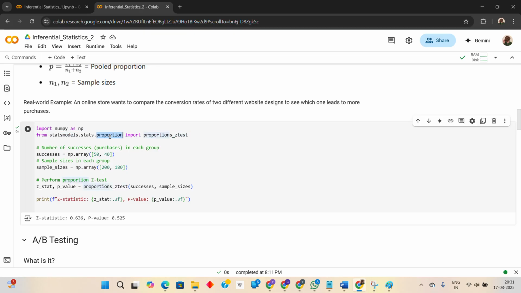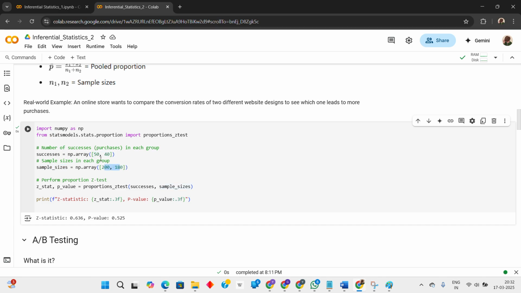In statsmodels we have proportion, and inside it we have proportions_ztest. First of all, we have to pass the successes, which is an array of two values, and the sample sizes, which is also an array of two values.